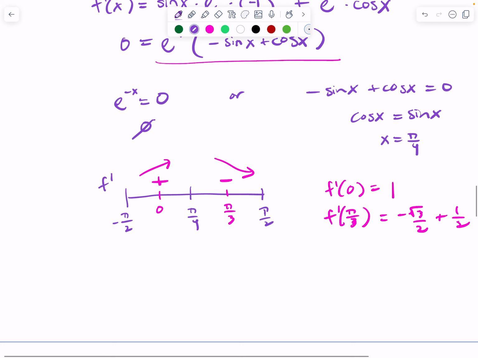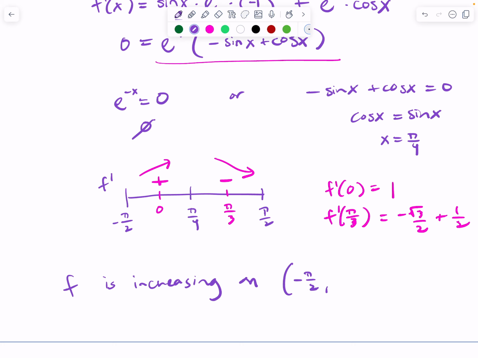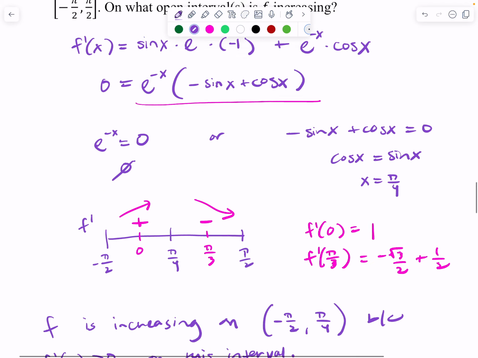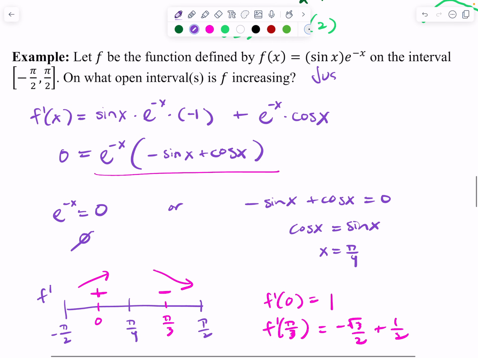So we can say that f is increasing on the open interval from negative pi over 2 to pi over 4, because the question is asking us for the open interval. And you could justify and say because f prime of x is greater than 0 on this interval, if you had been asked to justify.